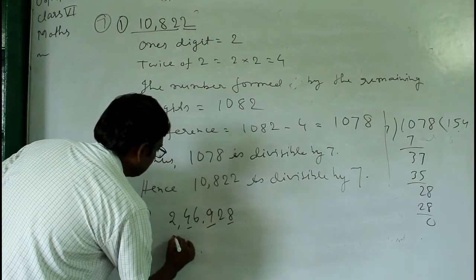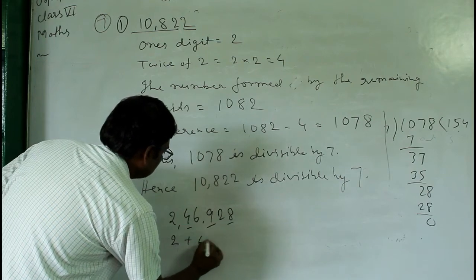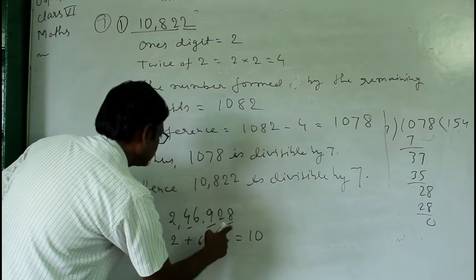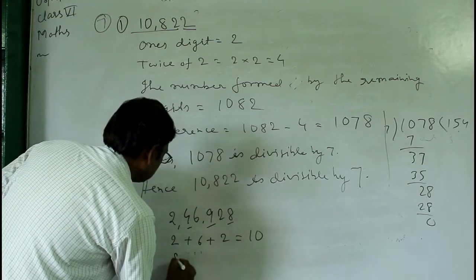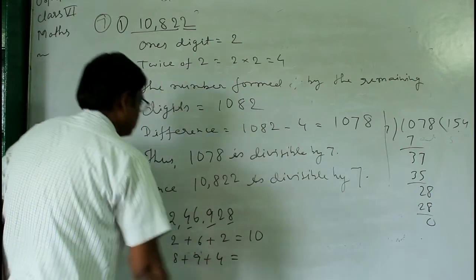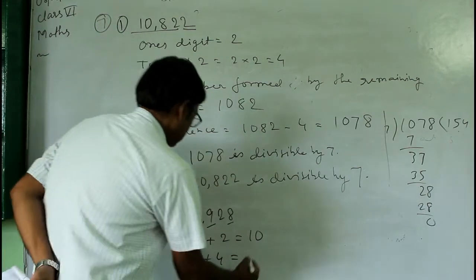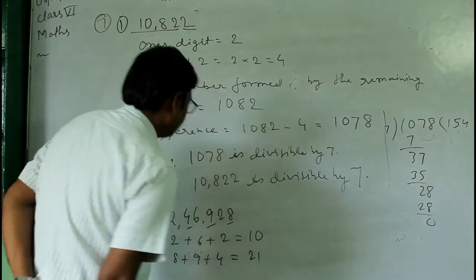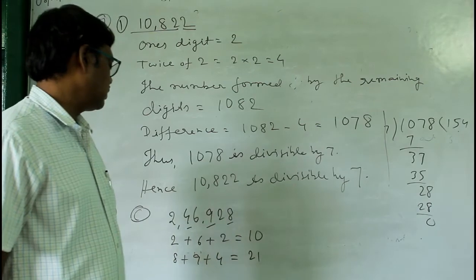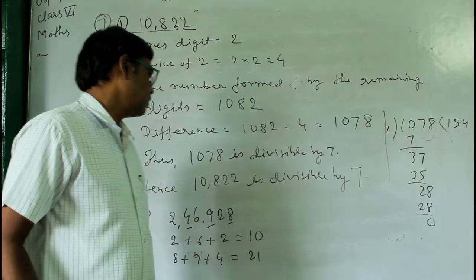तो फिर उनको सम निकालना है. यहाँ पे क्या करना है इसमें, like 2 plus 6 plus 2 equal to कितना आ जाएगा 10, and also here 8 plus 9 plus 4 equal to 21. Okay, so here the sum of the alternate digits is 10 and 21. Now find the difference.